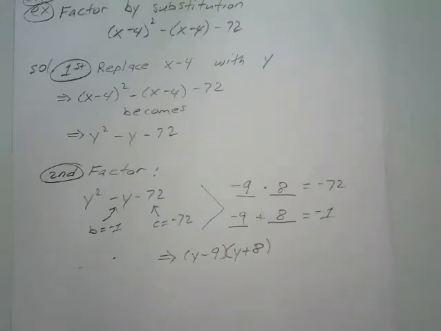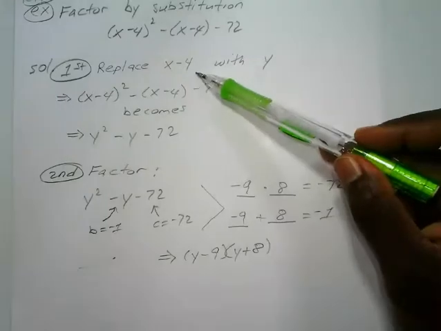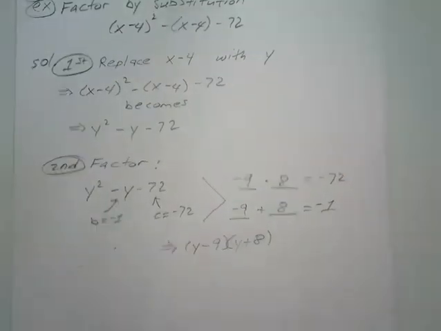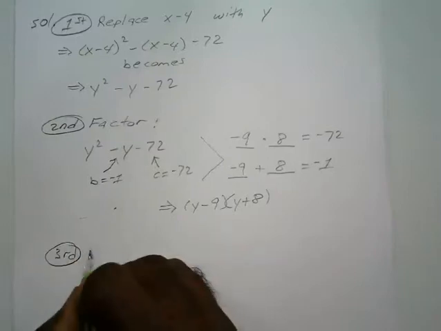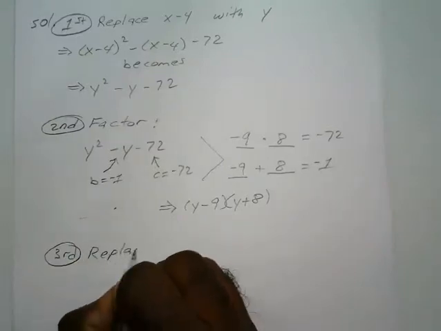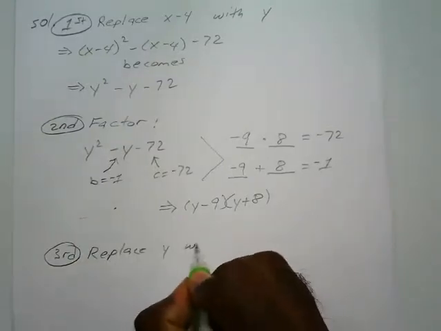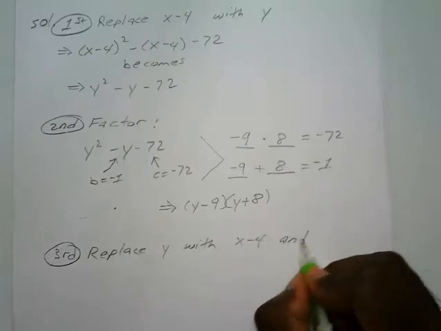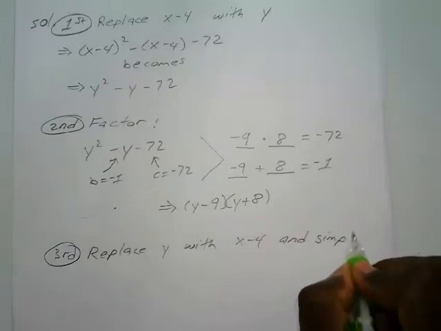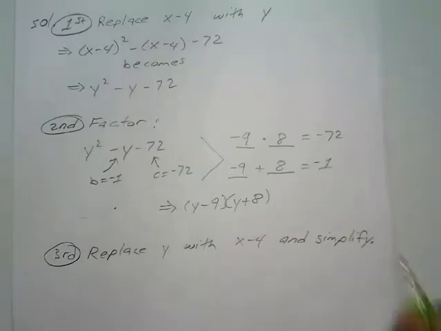Okay, now our third step, we just replace y with x minus 4 and simplify. And remember, simplify just means combining like terms.